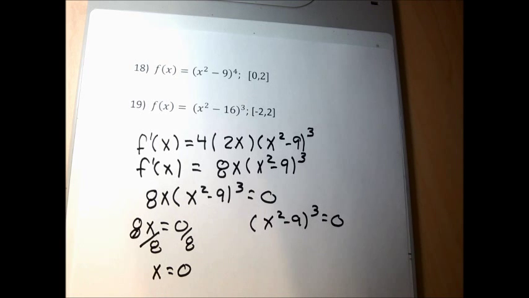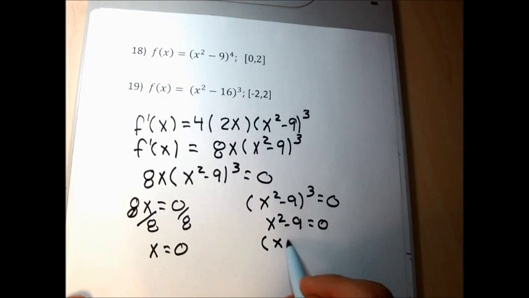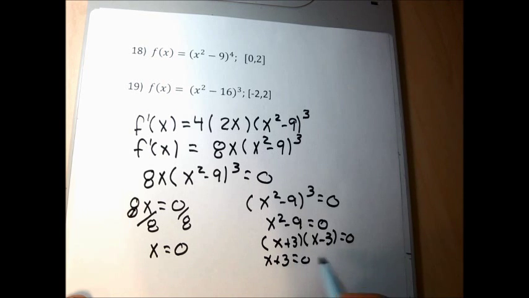When you have a parentheses with an exponent set equal to 0, it's just enough to set the inside of the parentheses equal to 0. And for this one, I'm going to factor it. That factors into (x plus 3)(x minus 3). And then I'll set the x plus 3 equal to 0, the x minus 3 equal to 0, and get x equal to -3, x equal to +3.